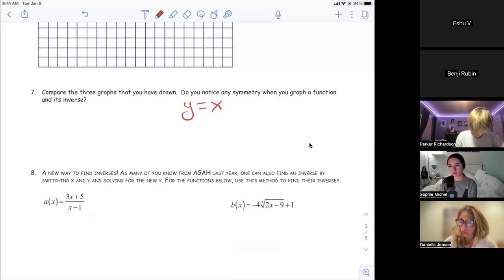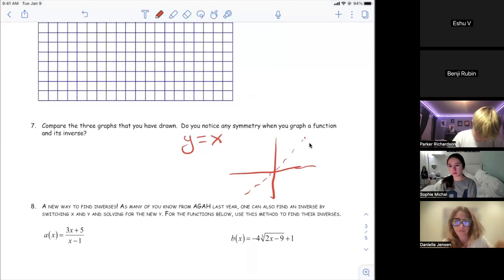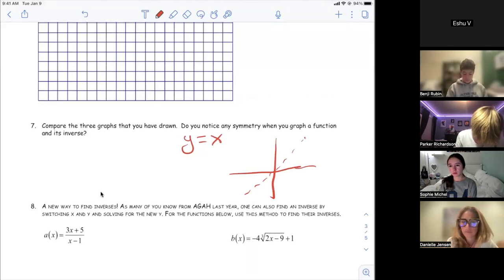So if you draw the line y equals x and visualize folding the graphs over it, the graphs should line up. So to describe the transformation, you would say it reflects over the line y equals x. How does a graph relate to its inverse? It's a direct reflection over the line y equals x.